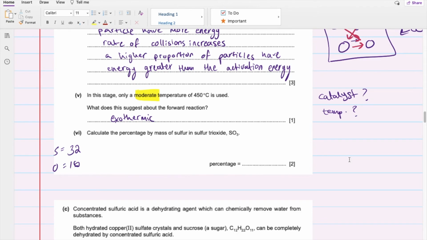So SO3 is going to be 32 plus 16 times 3, and that will give you 80, and that is the Mr, relative molecular mass. We're trying to find the percentage of sulfur, so we're going to multiply by 100. So that is going to be sulfur, which is 32, over the total mass, which is 80, times 100. That will give you 40%.